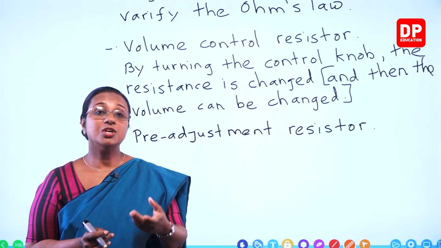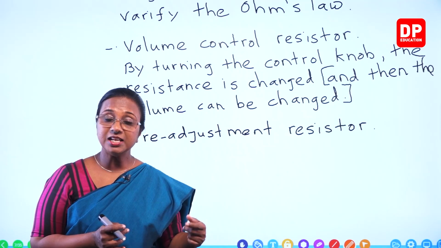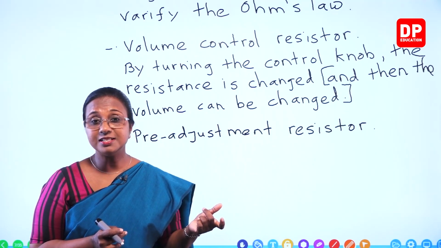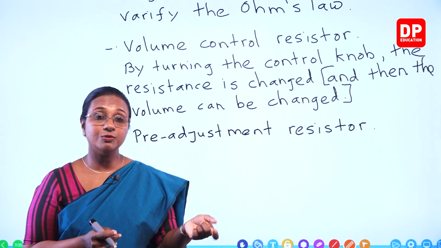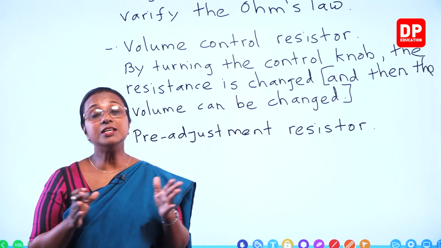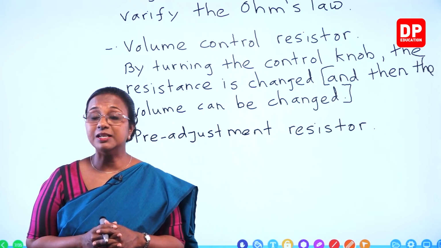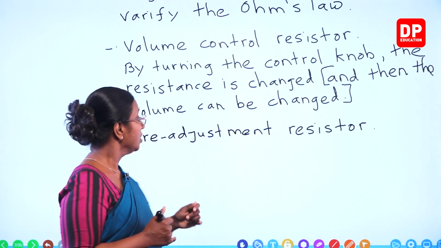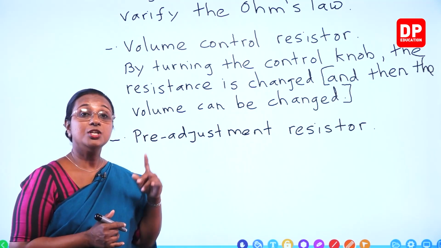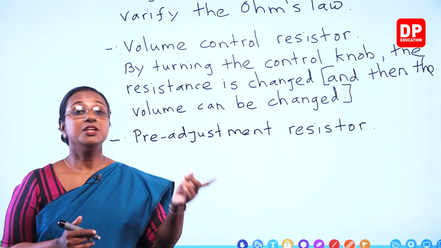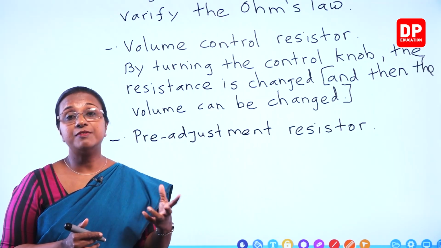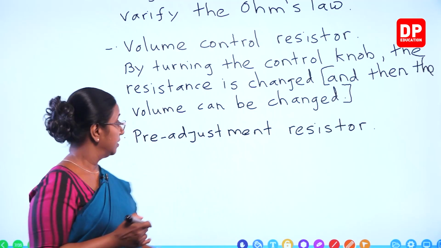But the thing is, you have to remove it from the circuit, you have to adjust the resistance, you set it to a certain value, and then you connect it to the circuit. That's how we use the pre-adjustment resistor. So the use of this is, using one resistor, you can set it to different values.